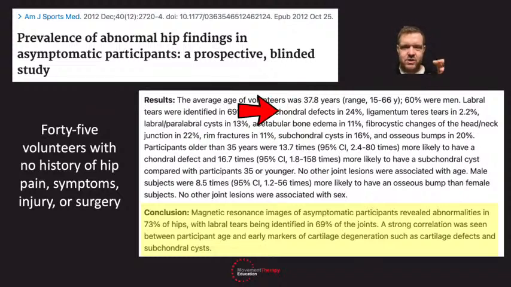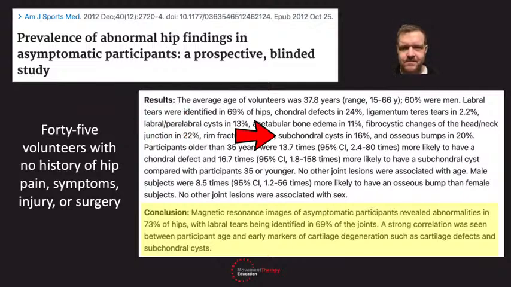Chondral defects are to do with the surface of the bone, so the articular cartilage surface. Ligamentum teres tears in 2.2%. So that ligament we were just talking about, 2.2% of these people that were investigated had tears in that ligament and were asymptomatic, didn't have a problem. 13% had cysts, so this is labral cysts.